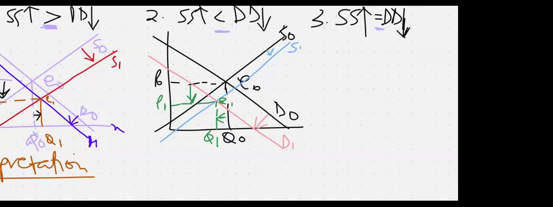Because the question didn't state the magnitude of the impact of any of the events against the other, we use three-stage analysis to give the interpretation and examine the impact on the equilibrium price and quantity.